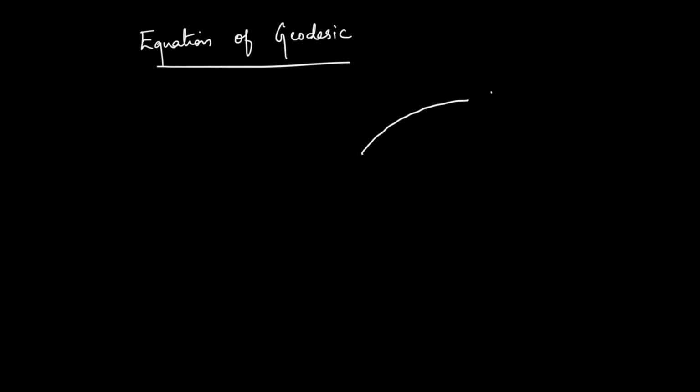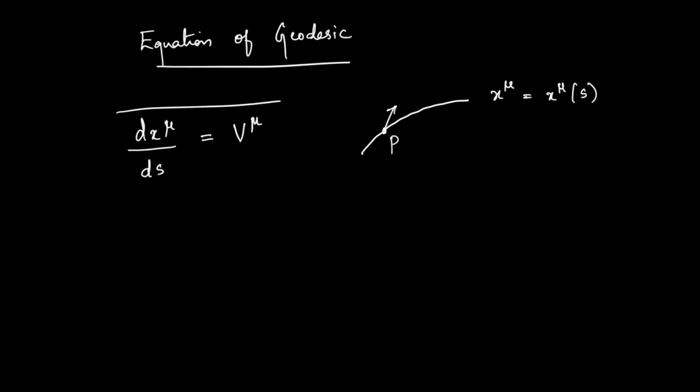Then the tangent to the curve at a point P, we have already derived. It is dx mu by ds. And I can also denote it by, for example, v mu. So this is the equation of tangent.